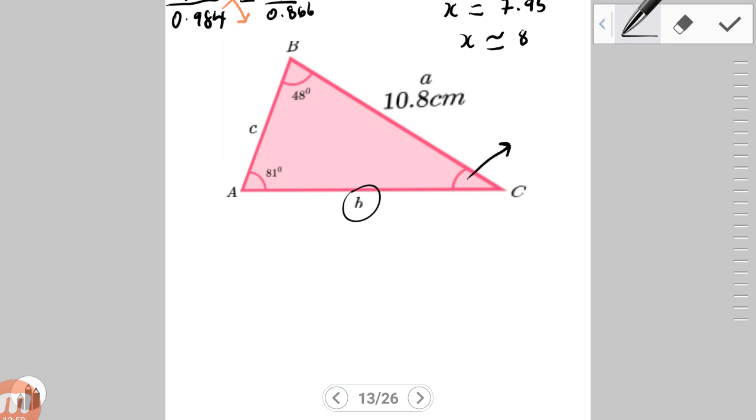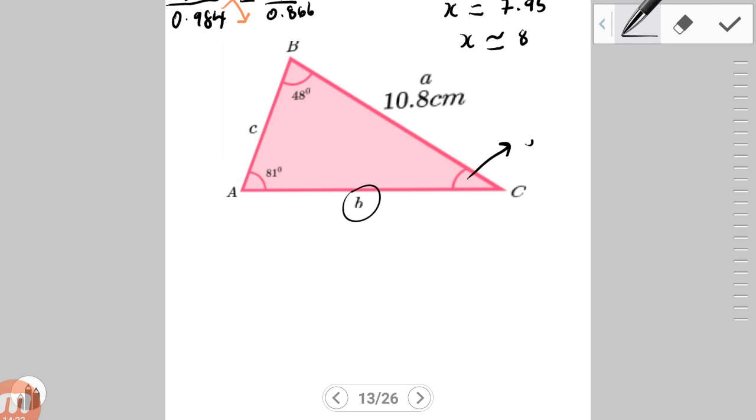We could, because the sum of the interior angles of a triangle measures 180. So if I wanted to calculate the angle here, then this would simply be 180 take away the sum of 48 and 81.